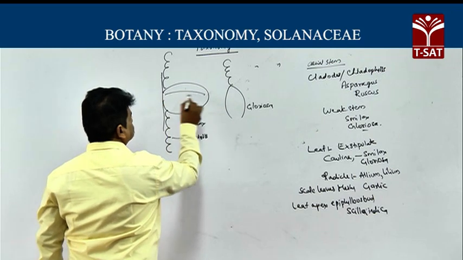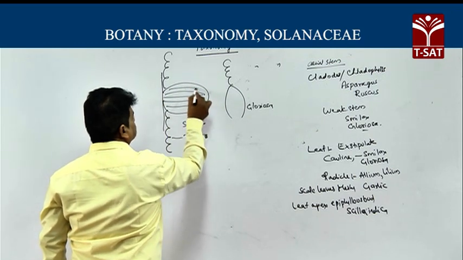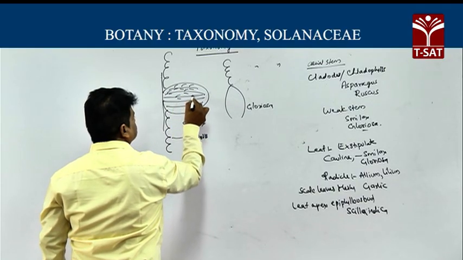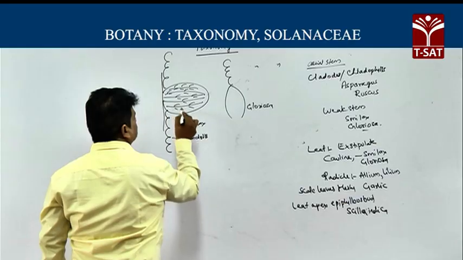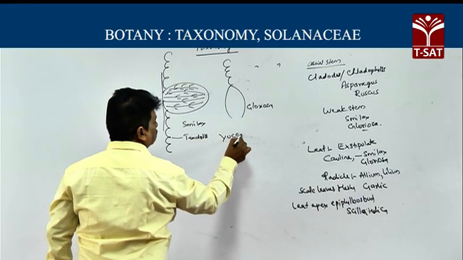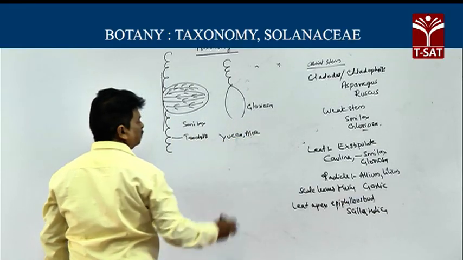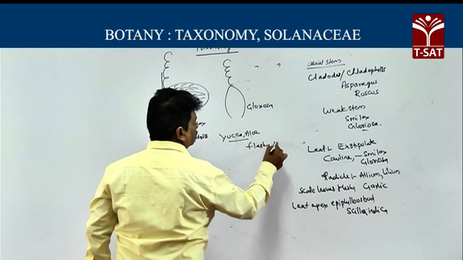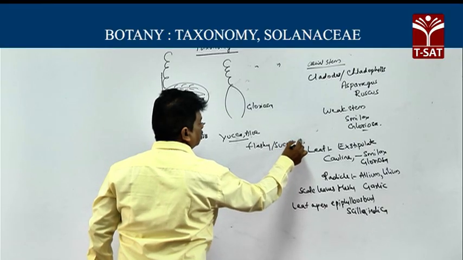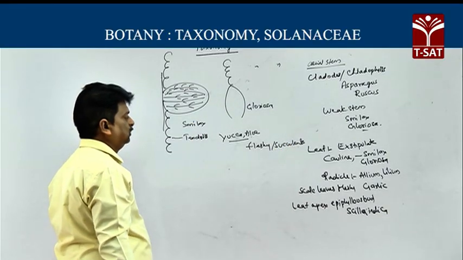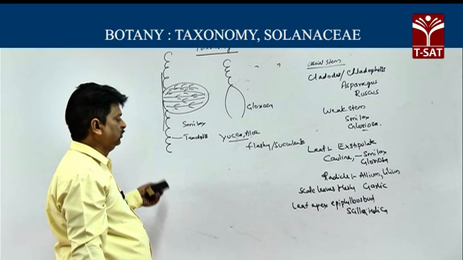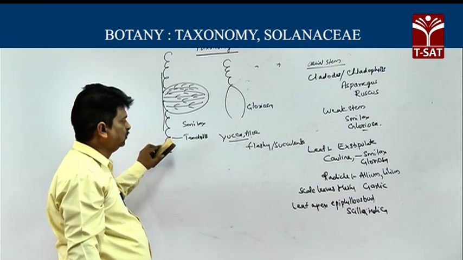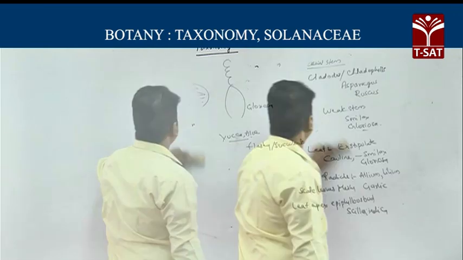Venation is parallel, but in Smilax, reticulate venation. Then yucca and aloe leaves are fleshy or succulent, store water. So these are about vegetative characters, root, stem and leaf.